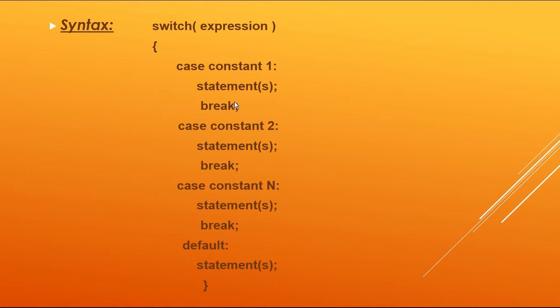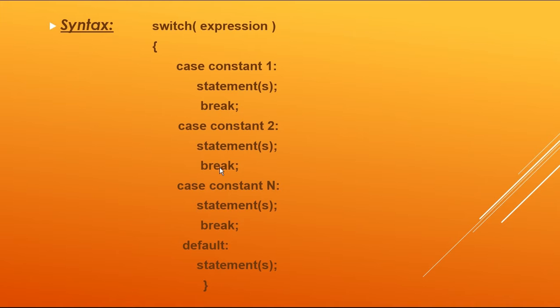The expression is evaluated at the top of the switch statement, in these two brackets, and its result is compared with the different cases, like case 1, case 2 up to case n.